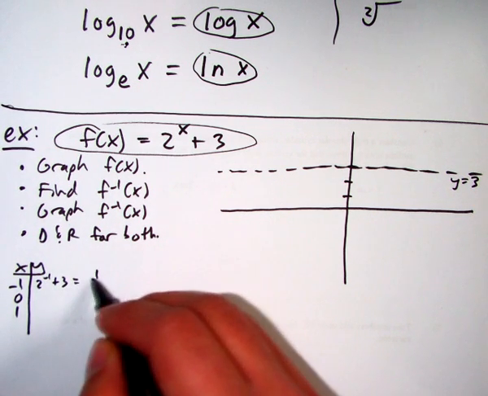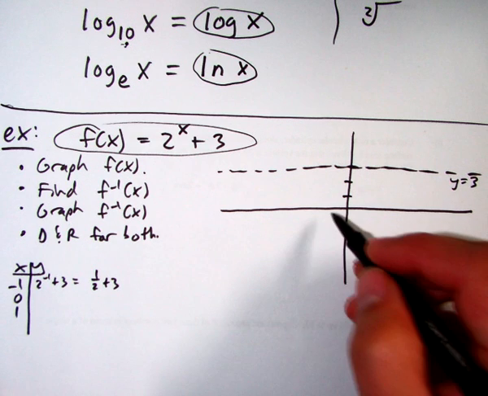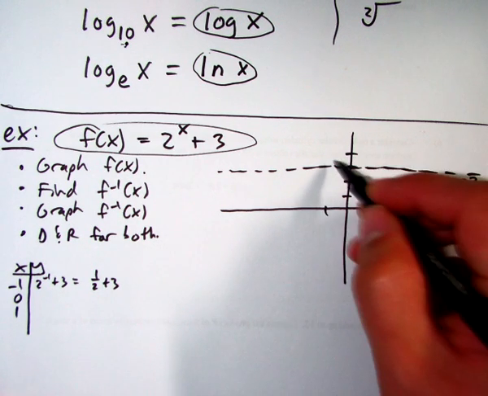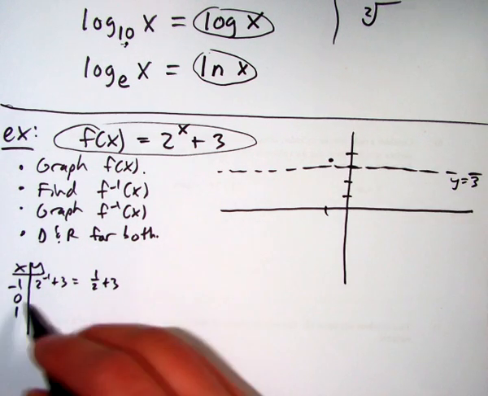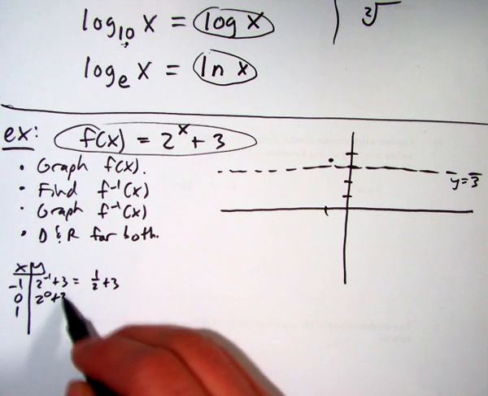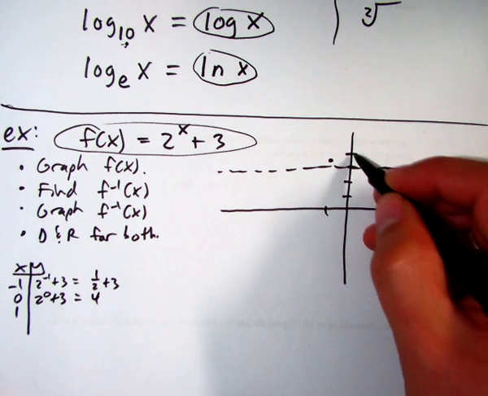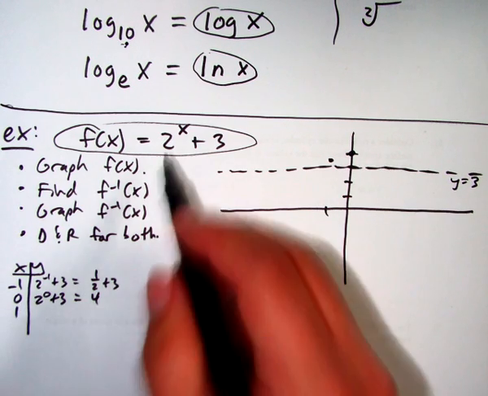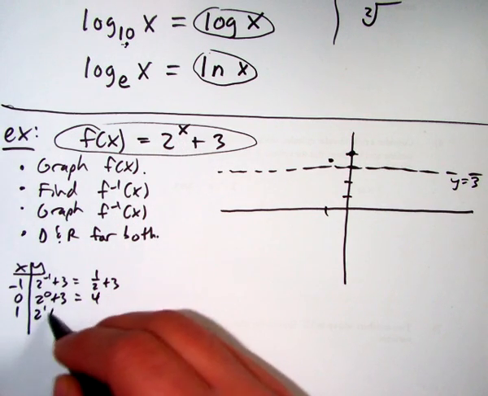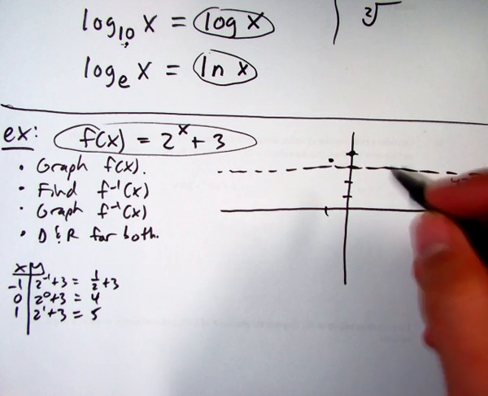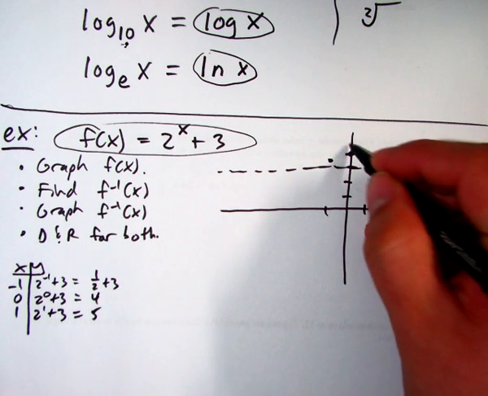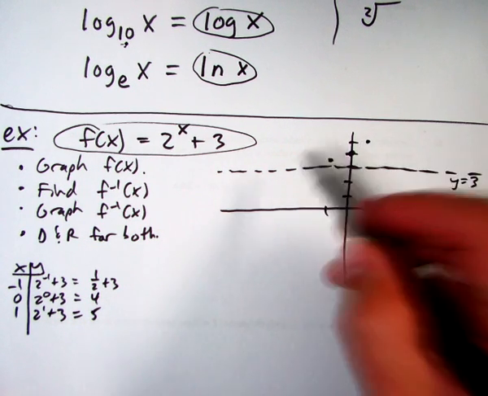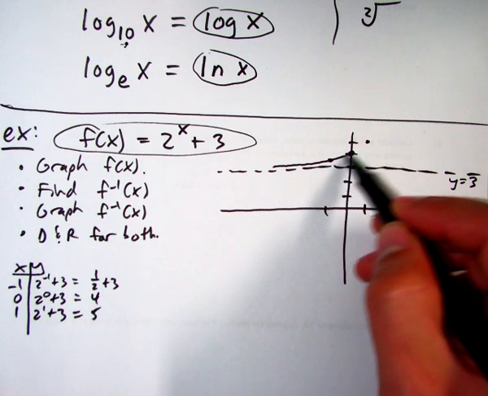So 1/2 plus 3. When you're at -1, you're at 3.5. If you're at 0, 2 to the 0 plus 3 is going to be 4. So that means we're going to have a y-intercept of 4. And if you plug in 1, 2 to the 1 is 2, plus 3 is 5. So at 1, we're going to be up at 5. And here is what the graph looks like.